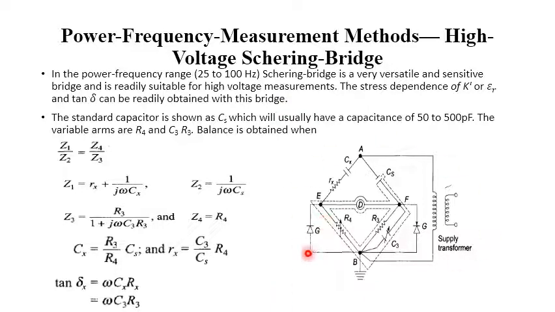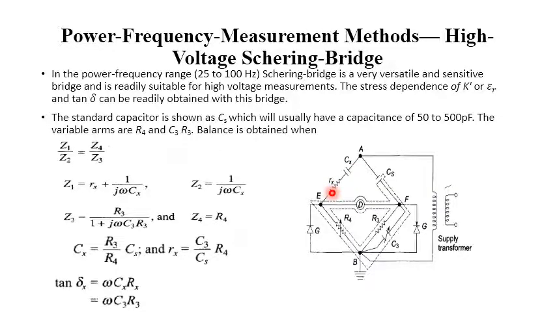This is the schematic representation which you can see. The lossy capacitor, or the capacitor with dielectric between electrodes, is represented as an imperfect capacitor having the Cx value with the internal resistance Rx.